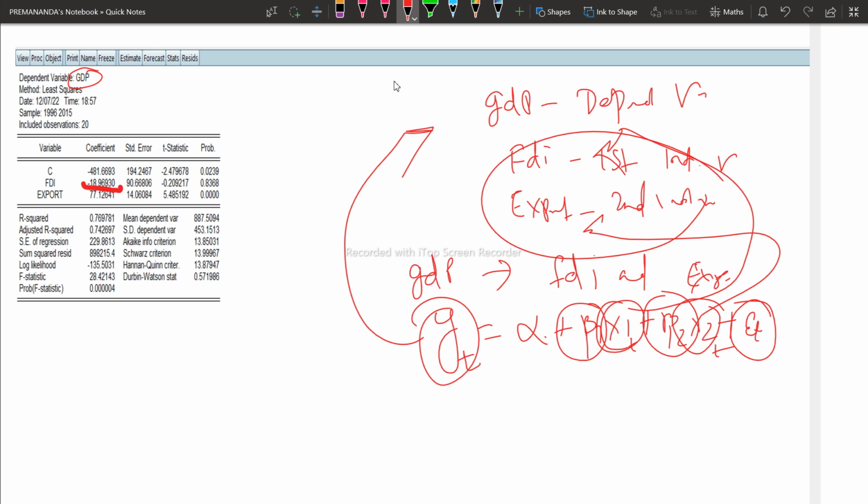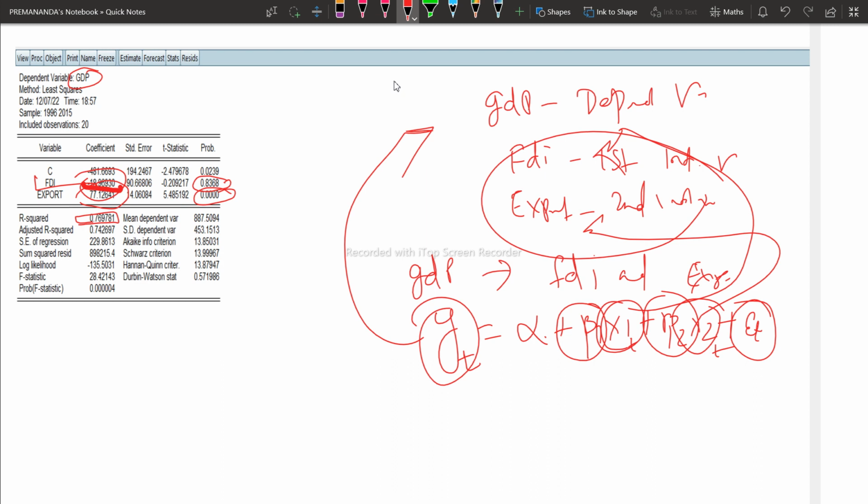So coming to the result, I have clearly shown that FDI has a negative relationship with GDP. Then export is also having a positive relationship with GDP, and at the same time FDI has an insignificant relationship, and export is having a significant relationship with GDP. Then coming to the R square, the R square is 76%, which is quite good.